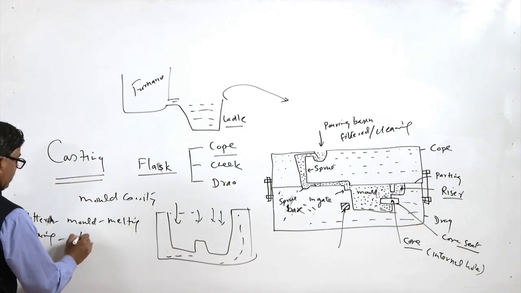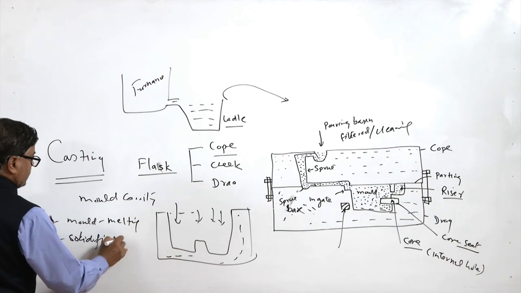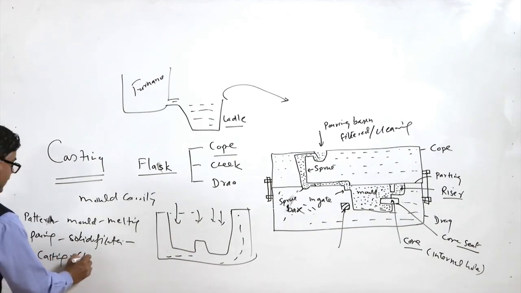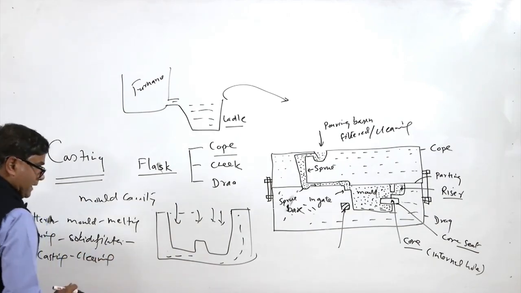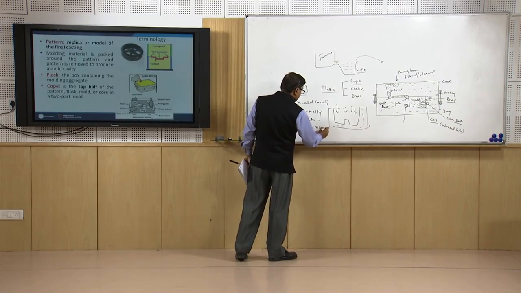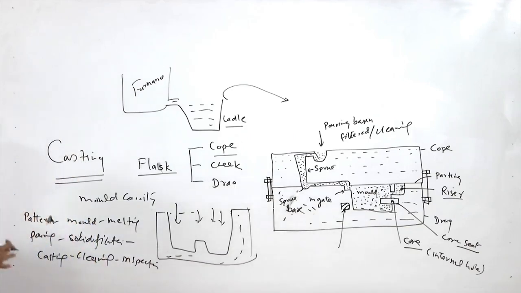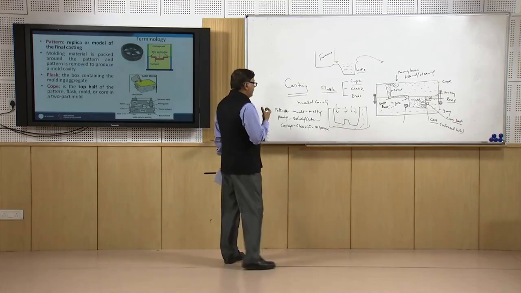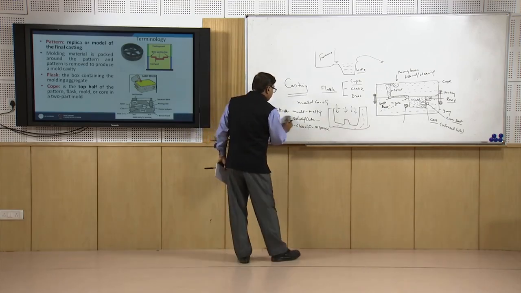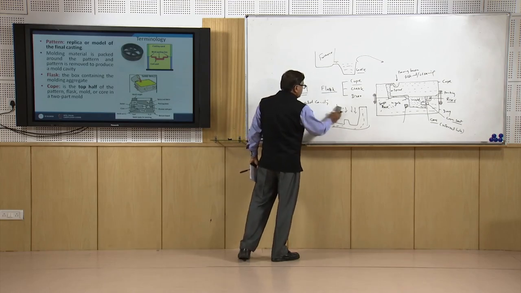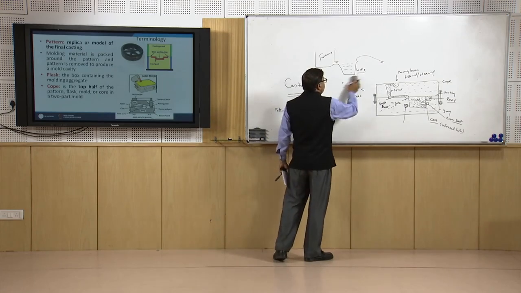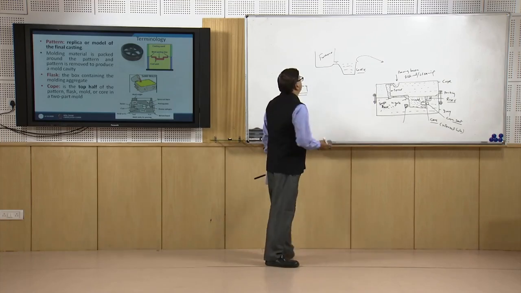Thereafter solidification takes place, and after the solidification the casting is taken out, and then cleaning is done like fettling, tumbling, sandblasting, etc. And then we inspect the casting, whether it has the required features and dimensions, and whether it is free from any defect. So, the preparation of the pattern is the first step in the casting, and the pattern is used for making the mold.